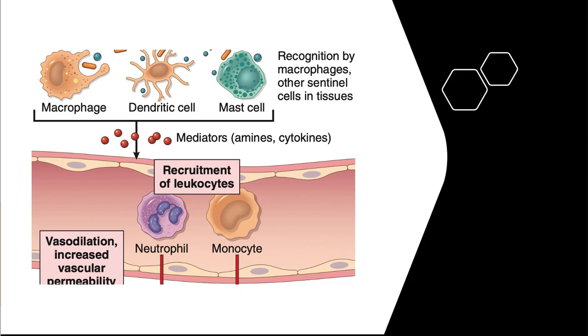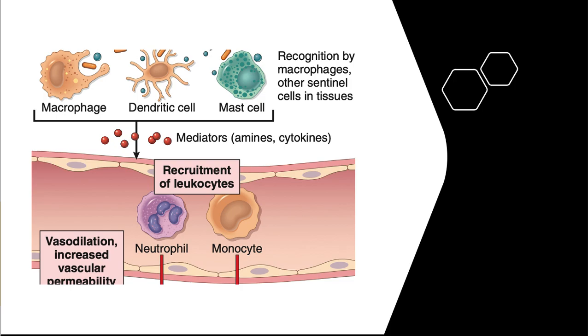Inflammatory mediators are also produced from plasma proteins that react to the microbes or to products of necrotic cells. Some of these mediators promote the efflux of plasma and the recruitment of circulating leukocytes to the site where the offending agent is located.